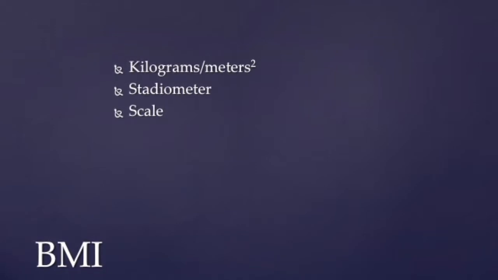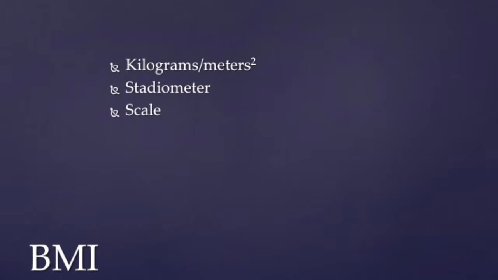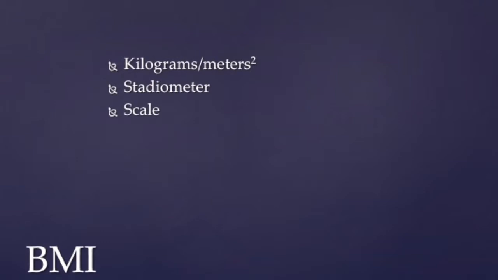Even though BMI is a quick way to measure body composition, as with a lot of methods, BMI has a flaw. The biggest flaw in BMI is it does not distinguish between fat-free mass and fat mass.